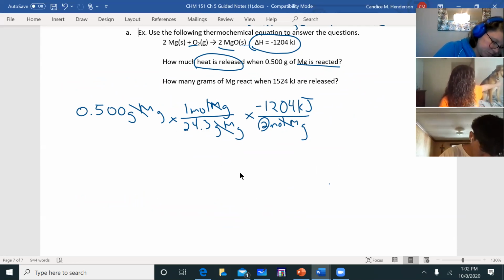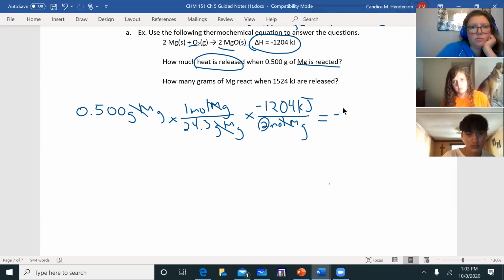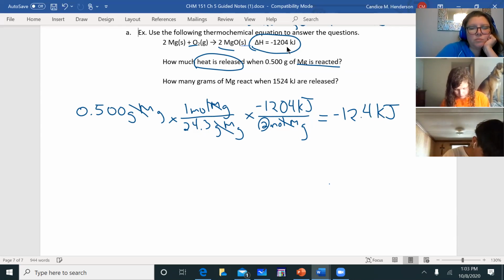All of the units that we don't want will cancel out here, and we should end up with energy. This will end up equaling -12.4 kilojoules.